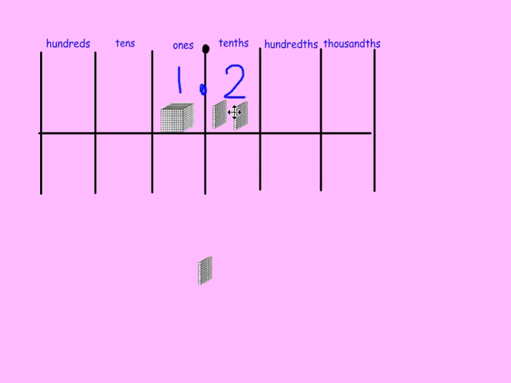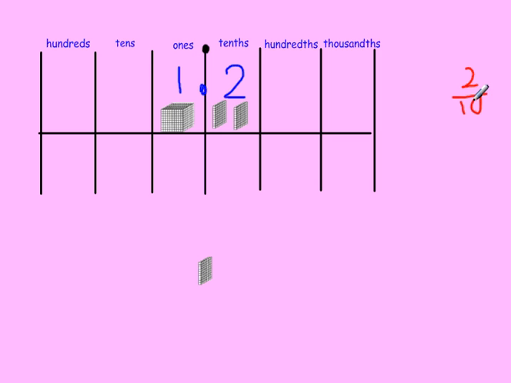One of these and 2 tenths. So remember how this tenths column is something over 10? In this case, this column here would look like 2 over 10 if we're writing it as a fraction.